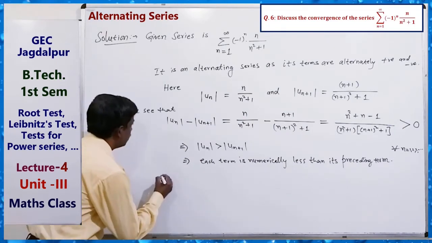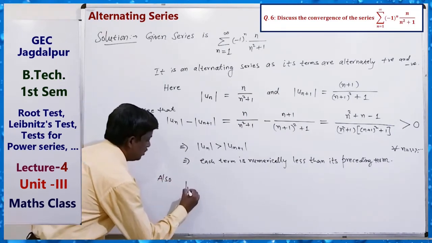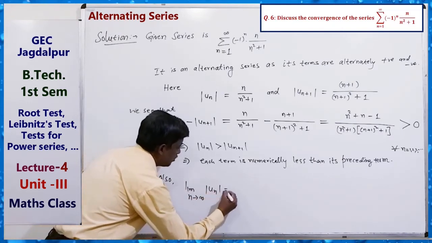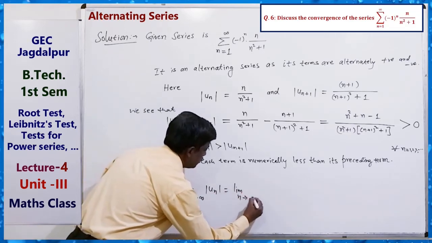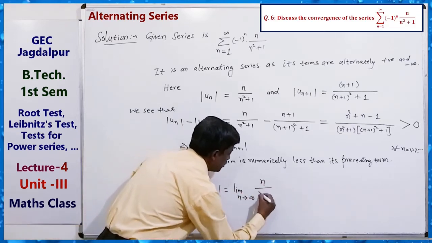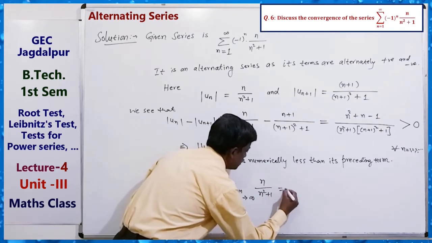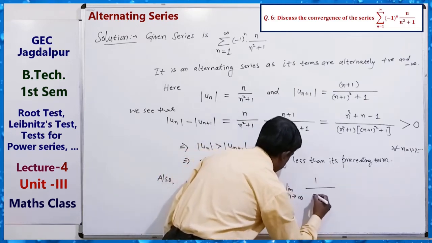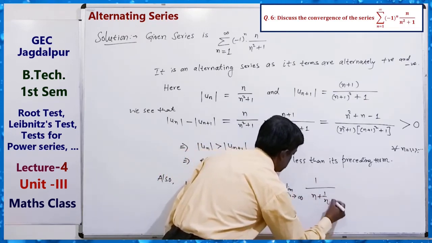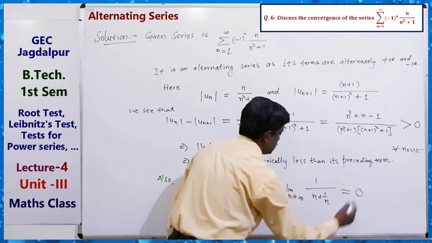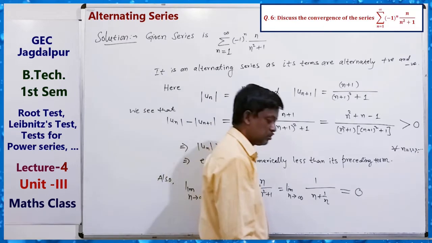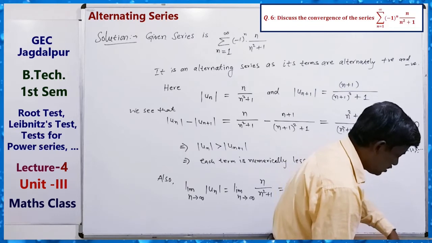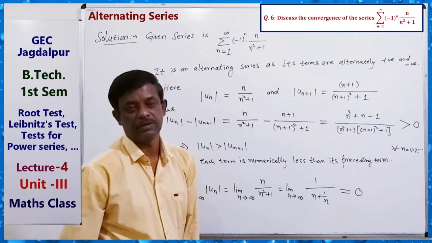Also, limit n tending to infinity of n upon n square plus 1, that is limit n tending to infinity of 1 upon n plus 1 by n, equals 0. So this limit is equal to 0. That is, both conditions are satisfied.